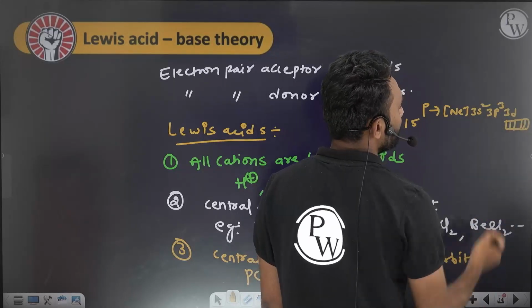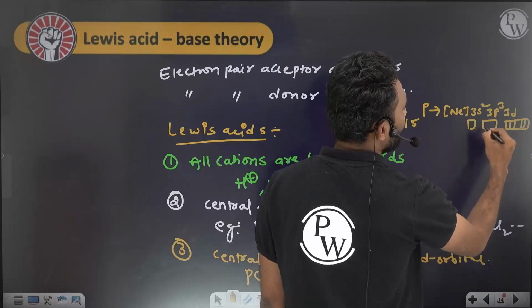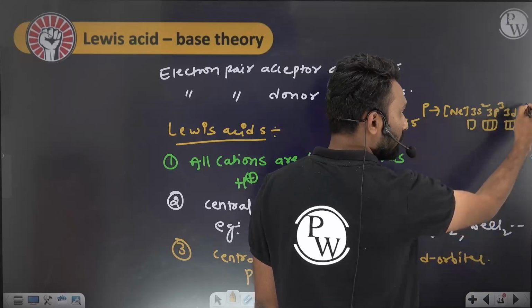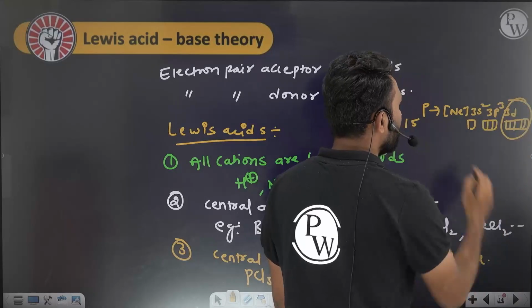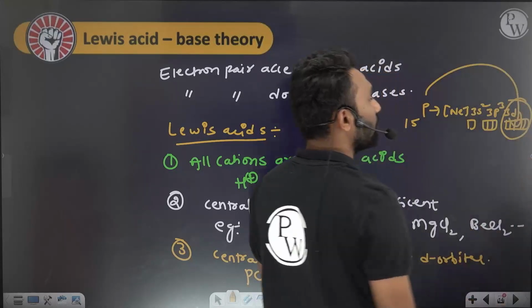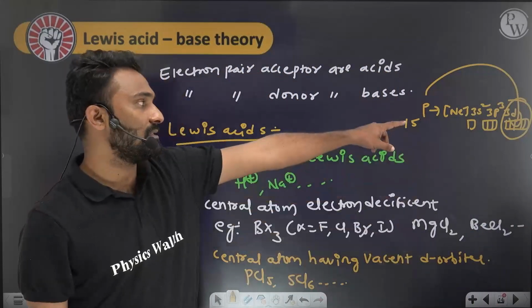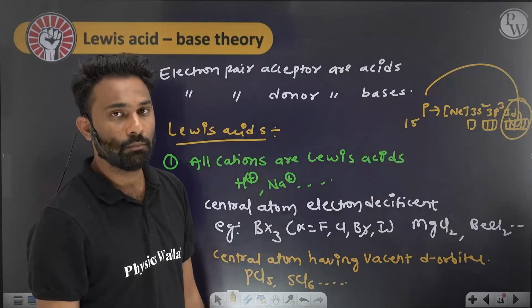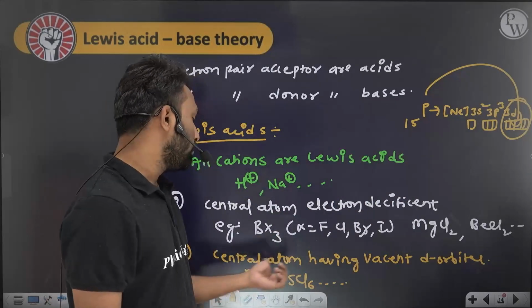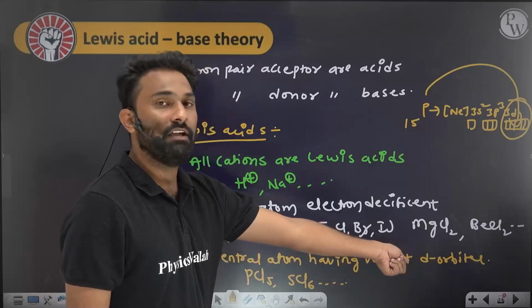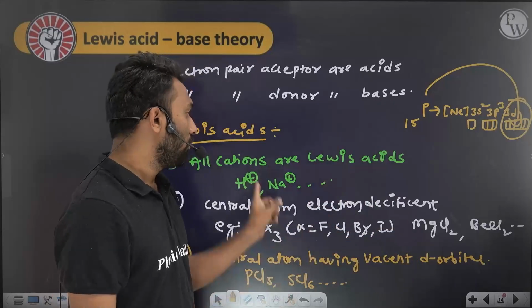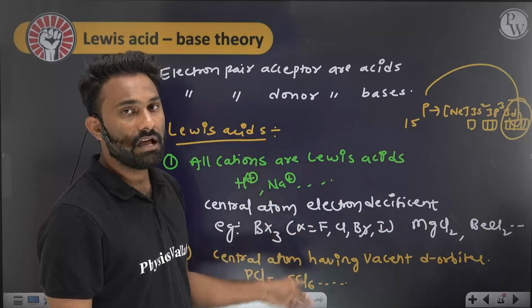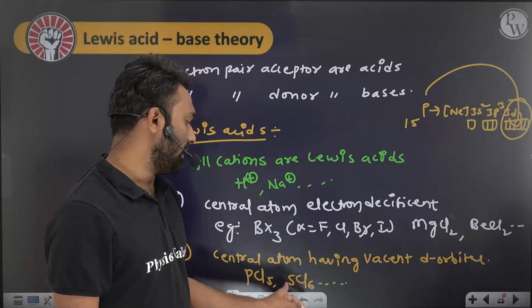For that reason, due to the presence of vacant d orbital, it can accept electrons in the d orbital. Now phosphorus d orbital ge electron accept ಮಾಡುತ್ತೆ, ಅದಕ್ಕೋಸ್ಕರನೇ central atom having the vacant d orbital ಅದನ್ನು Lewis acid, it will act as a Lewis acid.